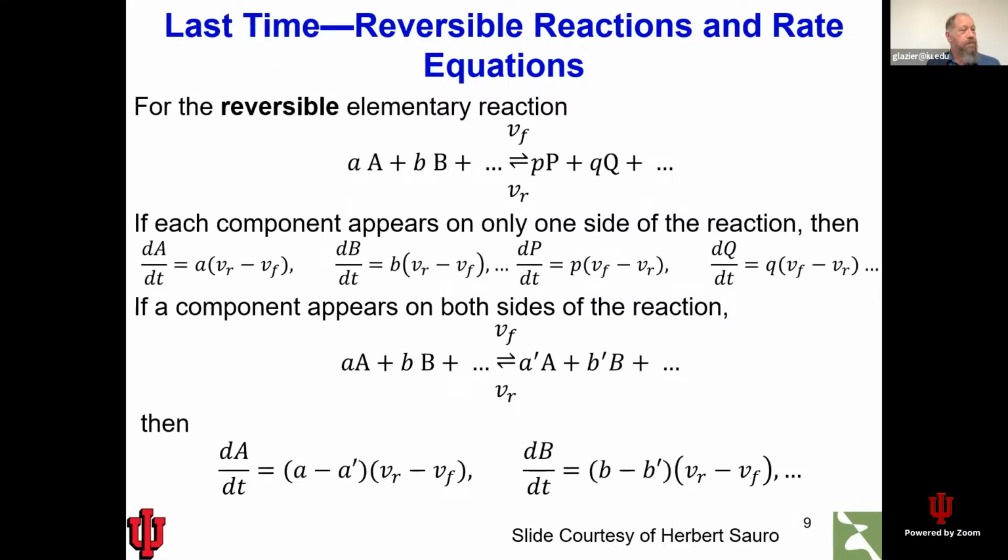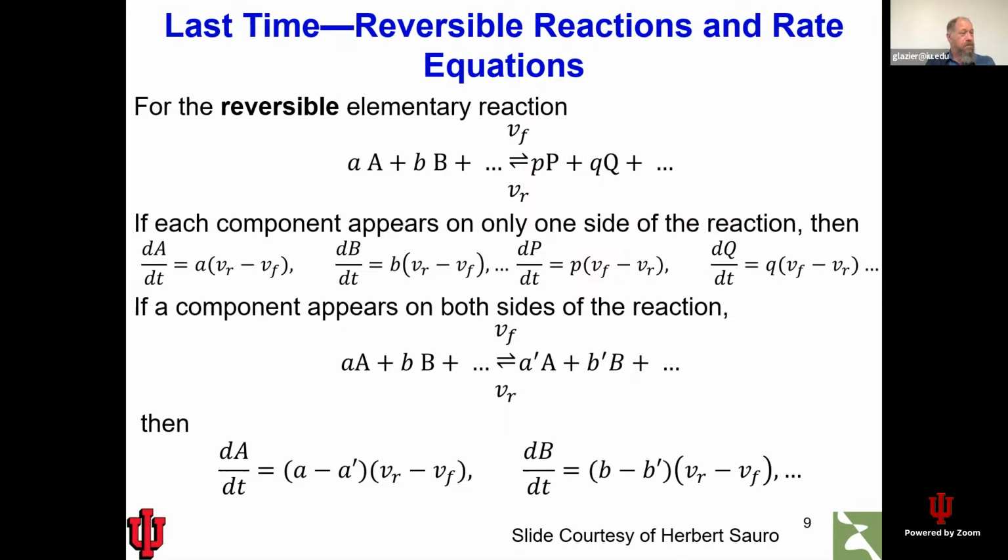So if you have a reversible elementary reaction with a molecules of A plus b of B going to p of P plus q of Q, well, if each component appears only on one side of the reaction, then dA/dt is equal to a, the stoichiometric coefficient, times the backward rate minus the forward rate.